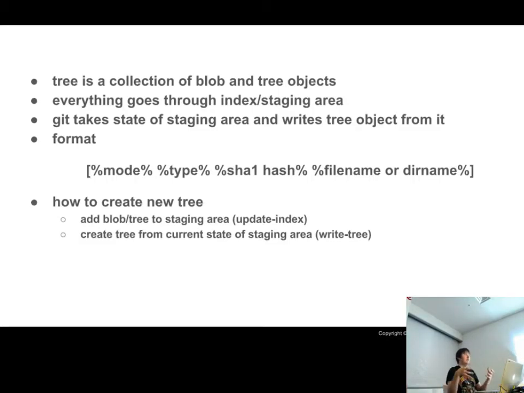A tree is a collection of two types of references. It can reference either a blob or another tree. So you can always recursively add trees into it, and this is how the directory structure is organized. Git doesn't store directories anywhere, but only as a reference here.